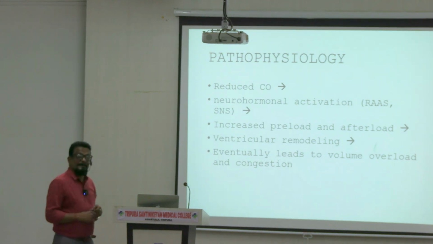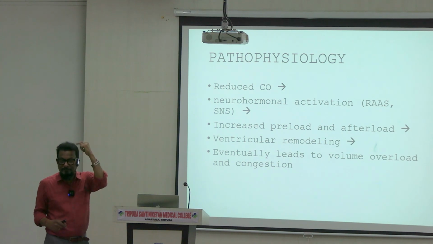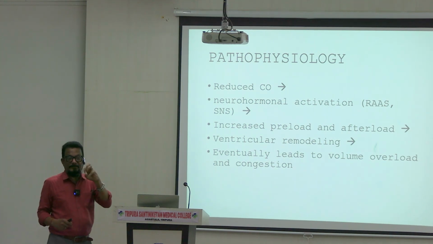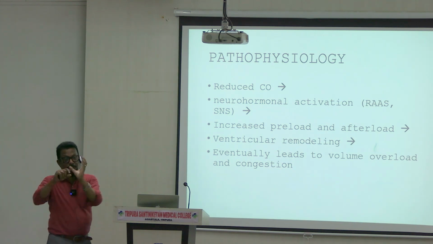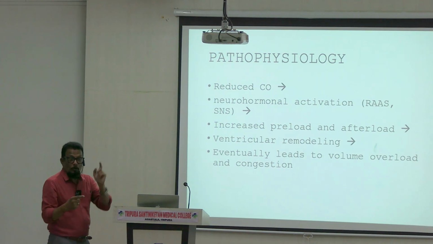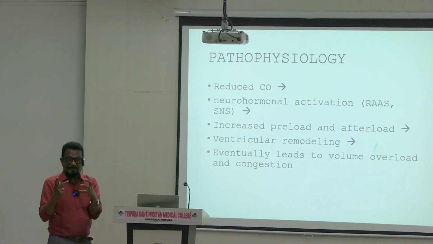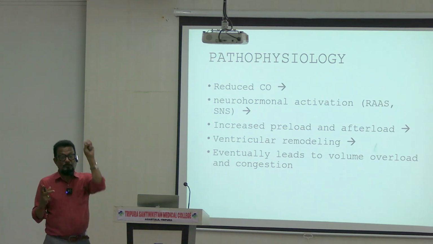And the sympathetic nervous system, SNS. What is the function of the sympathetic nervous system? It will increase the heart rate and cardiac output. It will also cause vasoconstriction. As a result, blood pressure will be increased. With this mechanism, the body will try to compensate, since cardiac output is reduced.